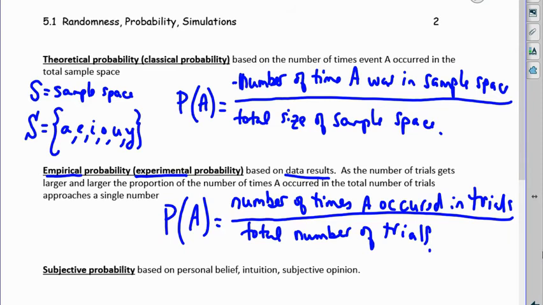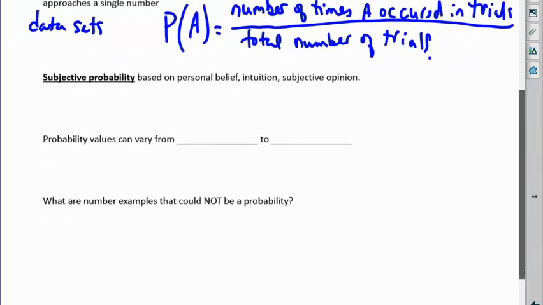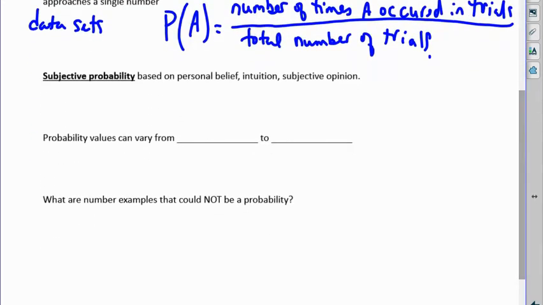This usually involves data sets collected either from a simulation or from just observing the data in the world.